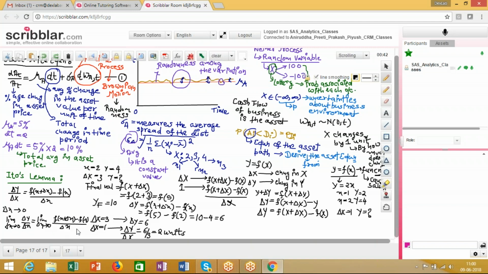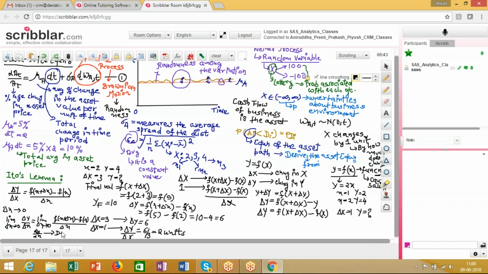And when we compute the rate of change of y corresponding to a very small change of x, what we get is dy by dx. So this is called the derivative of y with respect to x.